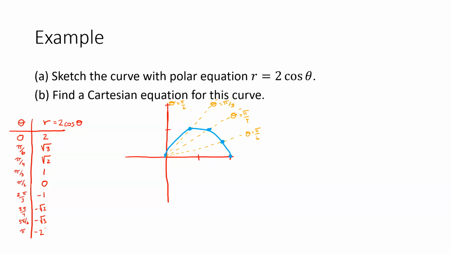Now, since all these r values are negative, notice that as we sweep through these angles here in quadrant 2, we're actually going to plot the points on the opposite side of those angles here in quadrant 4. Because those r values are negative, all those points are going to land here in quadrant 4. And by the symmetry of it, we can imagine that they're going to correspond pretty well with the points that we found on the top half of this curve.